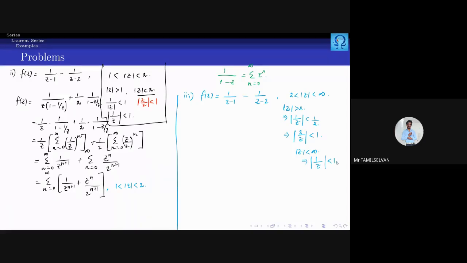Whatever may be the finite quantity, when you take the reciprocal, that quantity is bigger than 2. Here the minimum value is 2 and it can be less than infinity, which means it can be any finite value. When you take the reciprocal of some finite value, whether it is smaller than 1 or bigger than 1.